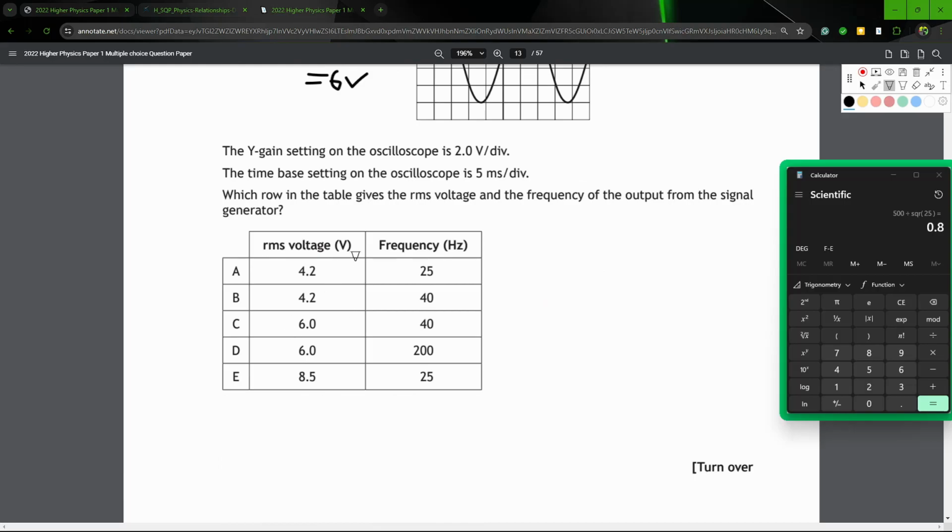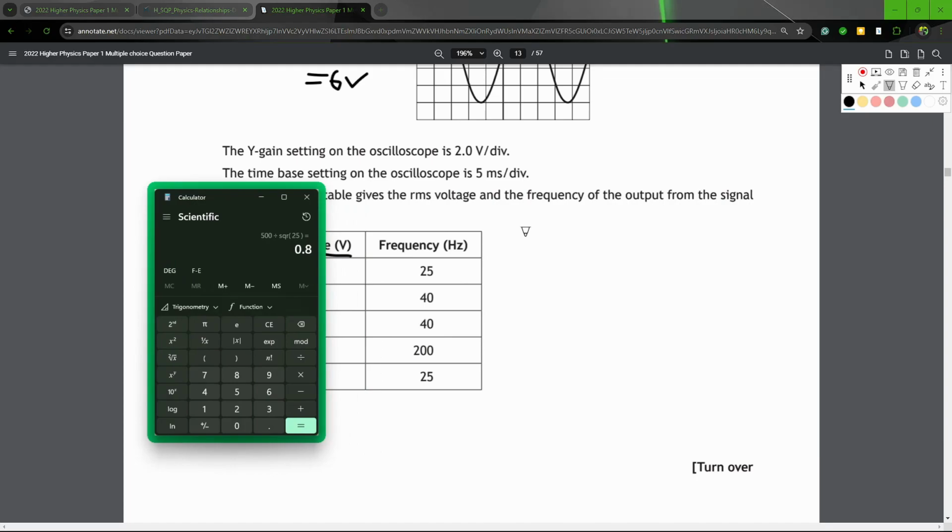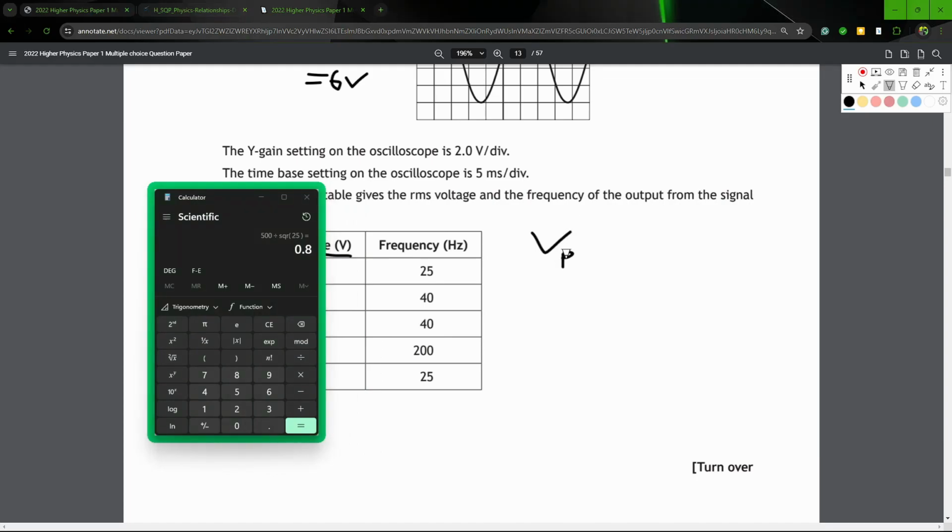So don't be tempted to do this. This is the peak voltage, not RMS. So we're going to have to do some calculations. V peak equals root 2 times V RMS.